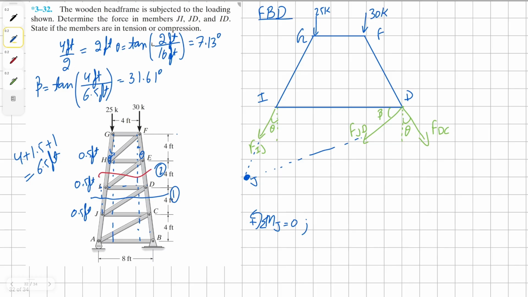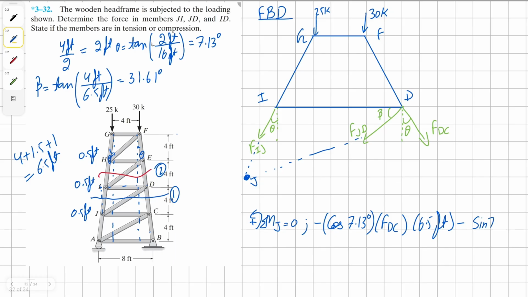We're going to have horizontal and vertical vectors of the force DC. Our vertical vector for force DC is going to be clockwise, and it's 1.5 plus 4 feet plus the one on the other side, so 6.5 feet away. And then it's also clockwise horizontally.